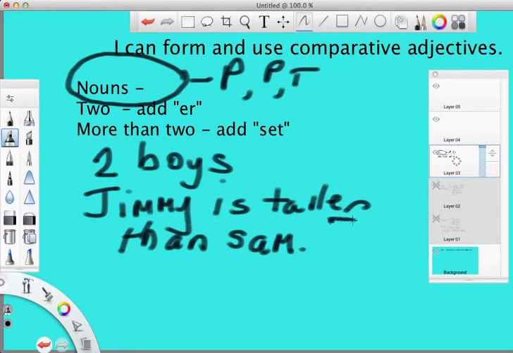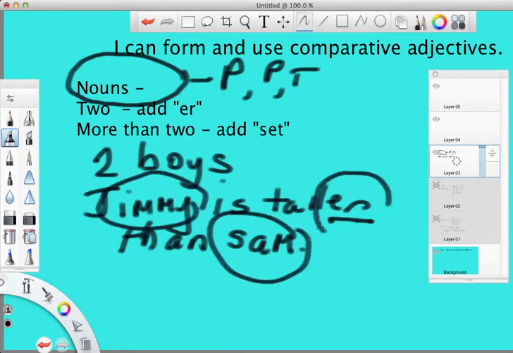What we did here is that because we are comparing two things, Jimmy and Sam, I'm going to be adding er onto that adjective. So Jimmy is taller than Sam.